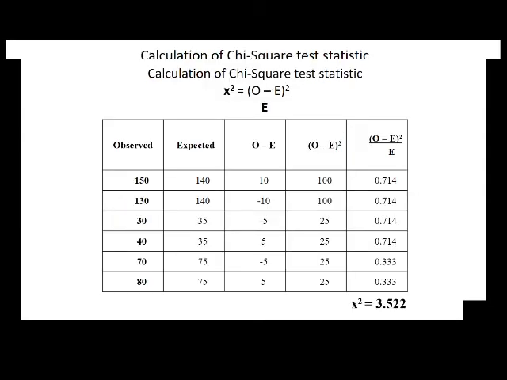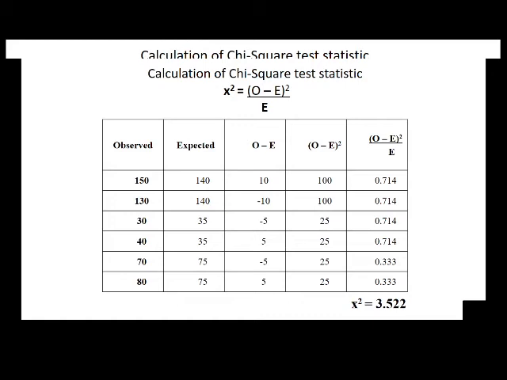While applying the formula for the Chi-square test, O minus E square divided by E, the expected values are 140, 140, 35, 35, 75 and 75, and the observed values are already given.